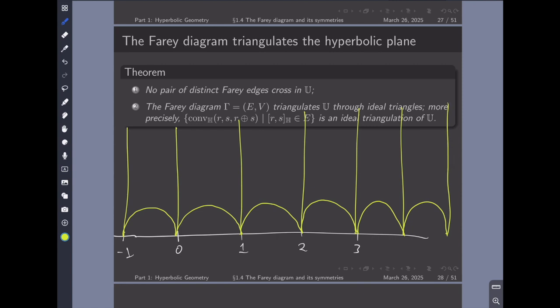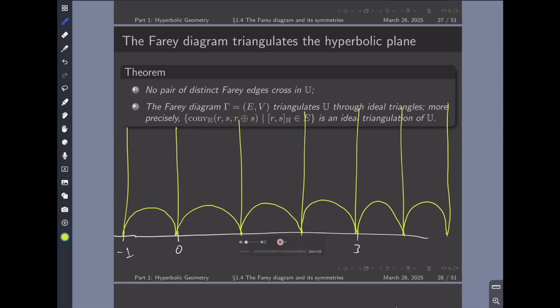Since I don't know what exactly it means to triangulate, I will ask more precisely what is meant by an ideal triangulation. Remember that an ideal triangle is the hyperbolic convex hull of 3 distinct points at infinity. I take 3 distinct points at infinity, and their convex hull is an ideal triangle.